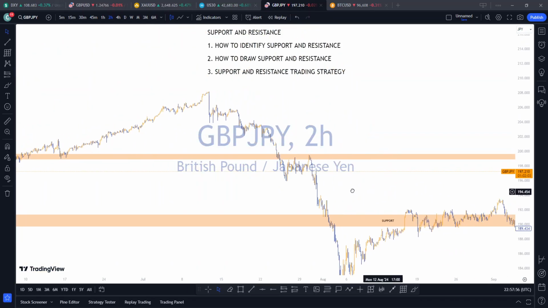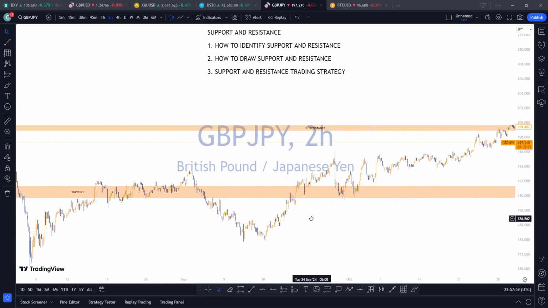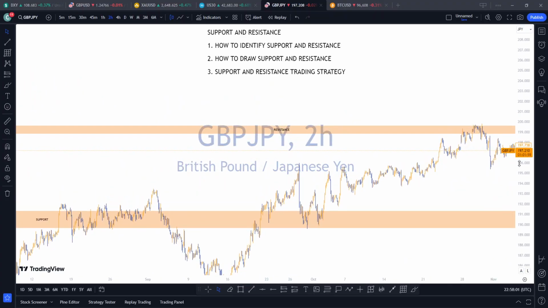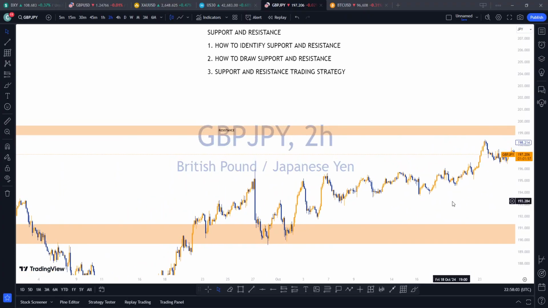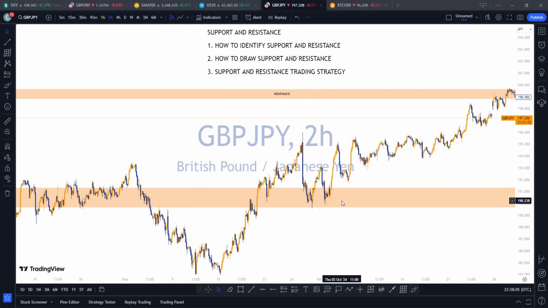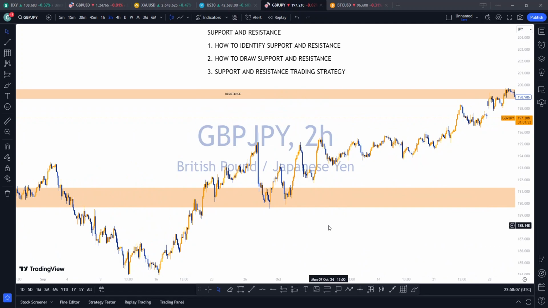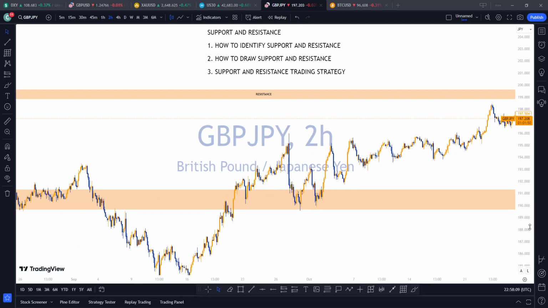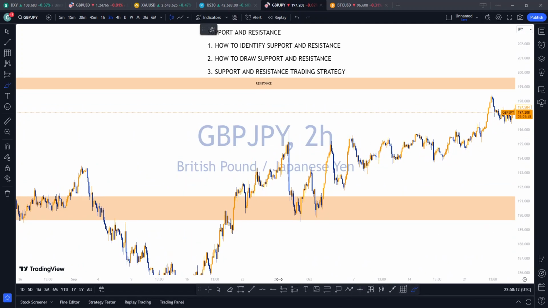So now let's go to a buy, or a support. How would I have taken a trade like this? First of all, we can see that the market was pushing to the upside right here.